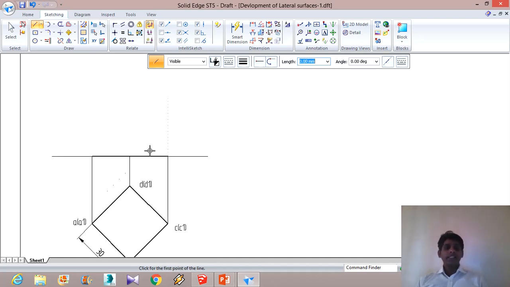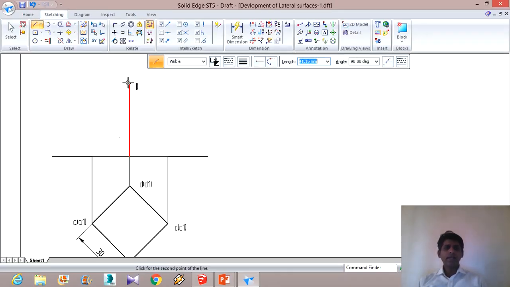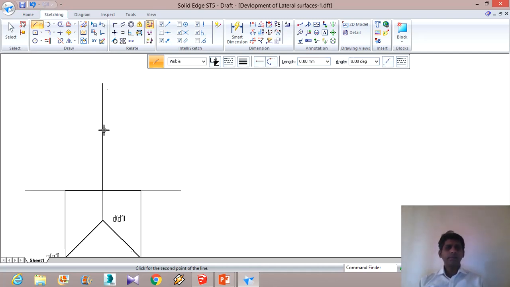Then the axis is here. The axis is 60 millimeters, it is given here. So this line will be 60 millimeters, and I will place it here. And then again I will take the inference from here and draw this line, and again from here I will draw this line.